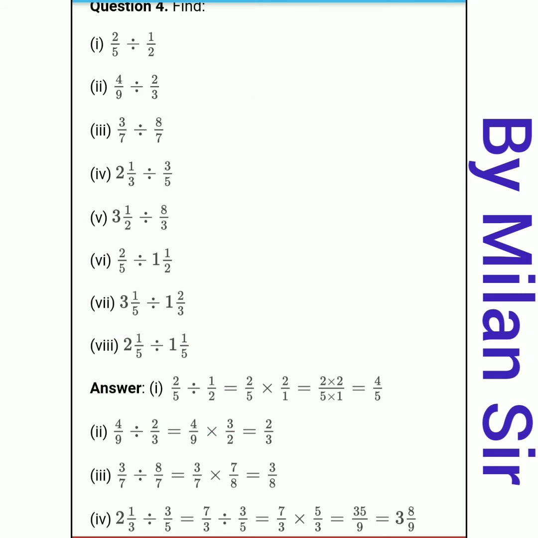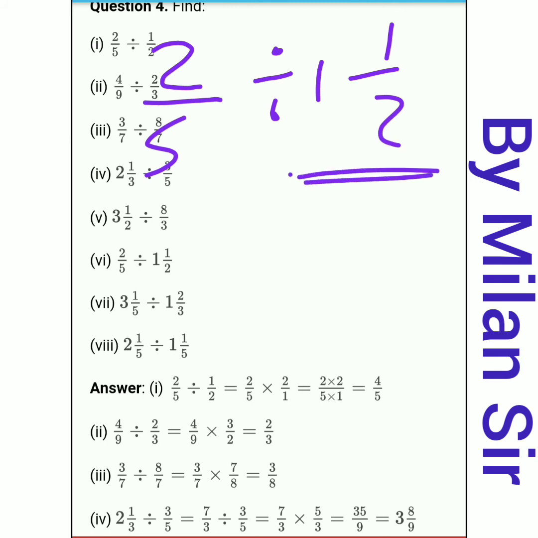Next, question number 6. 2 by 5 divided by 1 integer 1 by 2. Here first of all we need to convert this mixed fraction into an improper fraction. So 2 by 5 as it is. Now here we need to take the reciprocal of the second number, right?